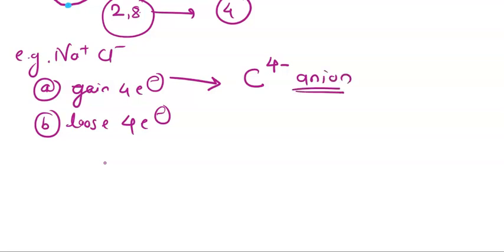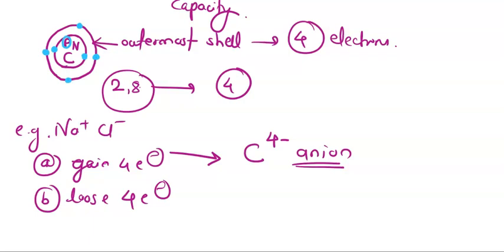But it would be difficult for a nucleus with 6 protons to hold on to 10 electrons. Look at this structure: in the outermost shell we have 4 electrons, and in the nucleus protons and neutrons are present. The nucleus has only 6 protons. So how can it be balanced with 10 electrons?